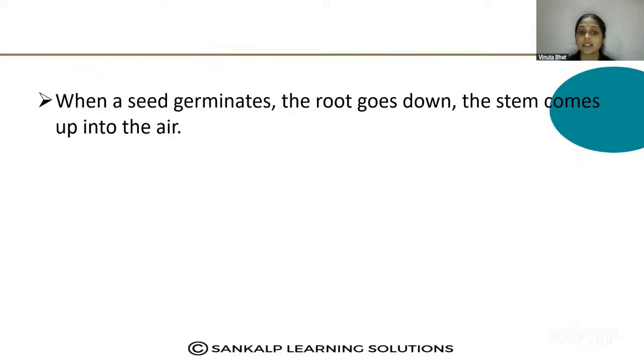We can also observe some other movements. When the seed germinates, the root grows down, and the stem grows into the air. These also involve movement, but we cannot observe it directly. If we take a certain time period, we can observe the movement.